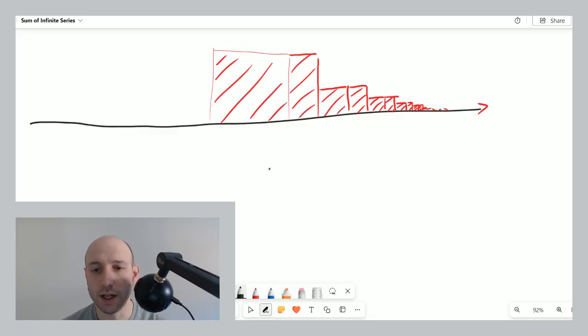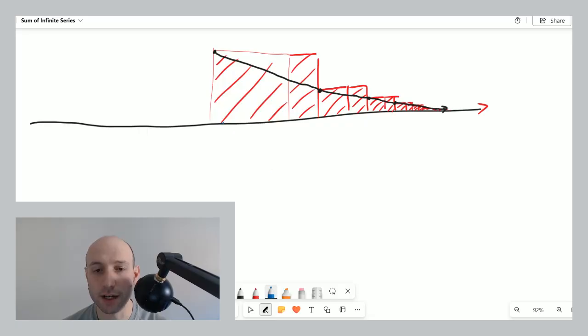Now, what if we take the inside corner of every place where we have a corner, and the corner right here, and we draw a curve? Well, that curve will continue until infinity. And the area under that curve will be less than the entire painted area.